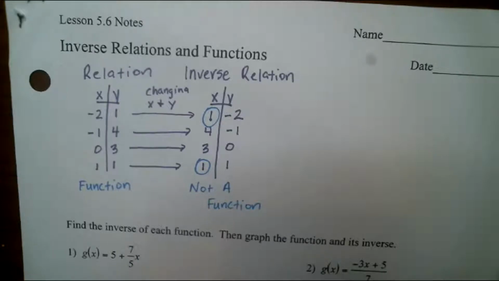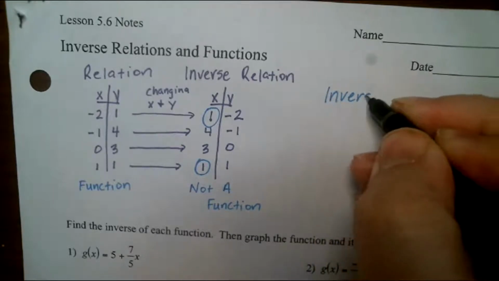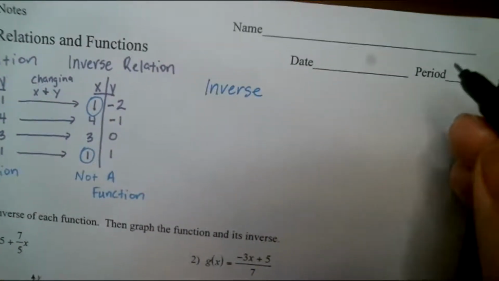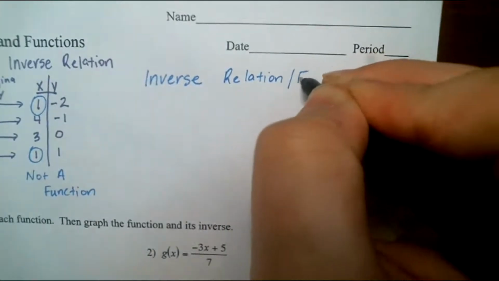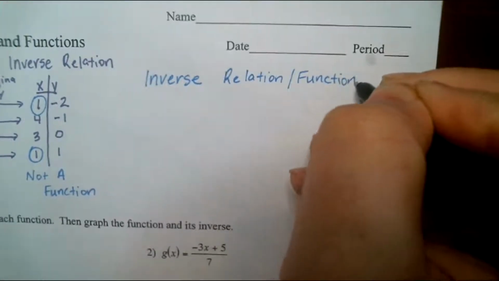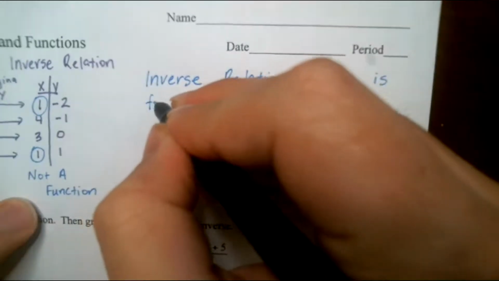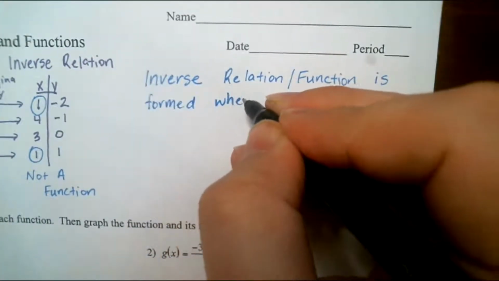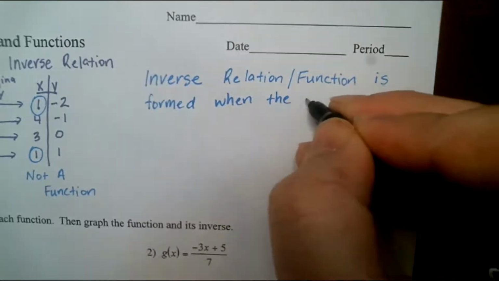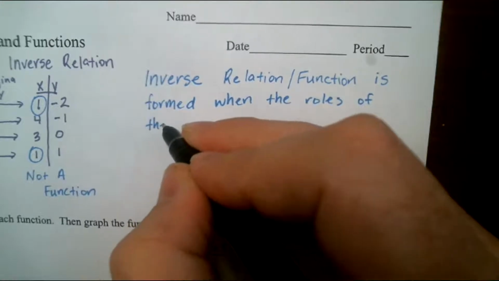All right. So if we were to define an inverse relation or function, same thing here. An inverse relation/function is formed when the roles of the independent and dependent variables are reversed. This is the textbook definition.